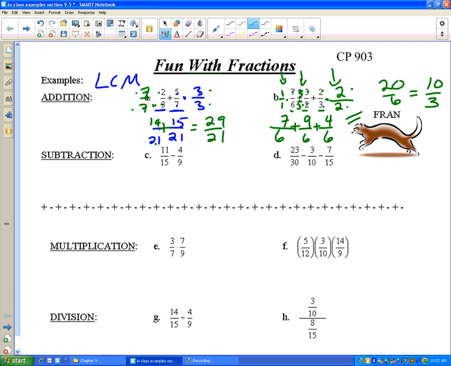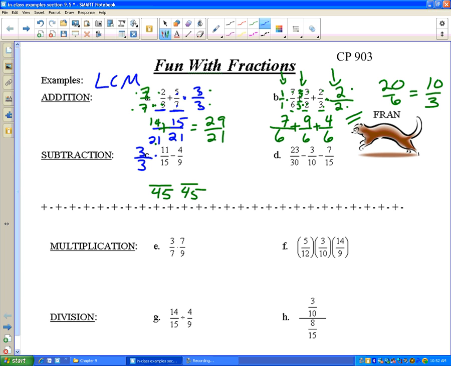I want to find my least common denominator, my least common multiple. What number do both 15 and 9 go into? And if I think about it a little bit, I end up with the number 45. And so I'm going to do the same thing. 15 times what is 45? 15 times 3.